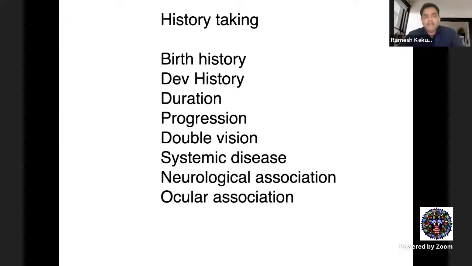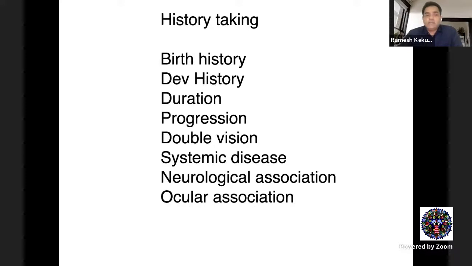Most of us think that it's comitant, it is benign. But when a case comes, you have to derive and come to a conclusion whether it's comitant or incomitant. Is it a benign comitant or is it something really dangerous? Sometimes it can be life-saving, sometimes it can be sight-saving. So you need to remember.